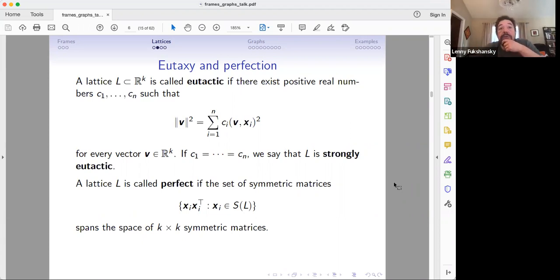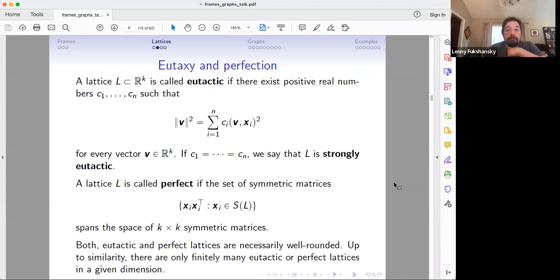Up to similarity, in each dimension, there are only finitely many eutactic and finitely many perfect lattices. So there are infinitely many well-rounded lattices, but only finitely many eutactic and perfect. Okay. All right. So good.